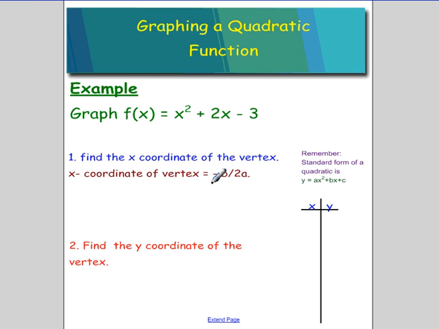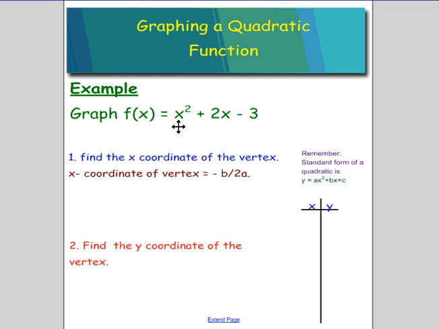There is a formula for the x-coordinate, which is negative b over 2a. Negative b over 2a. Remember that we're looking at this in standard form. A represents the coefficient of the x squared, and b represents the coefficient of the x. The a is kind of hidden, as you would say.